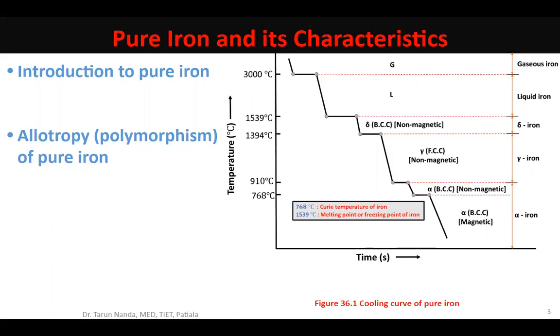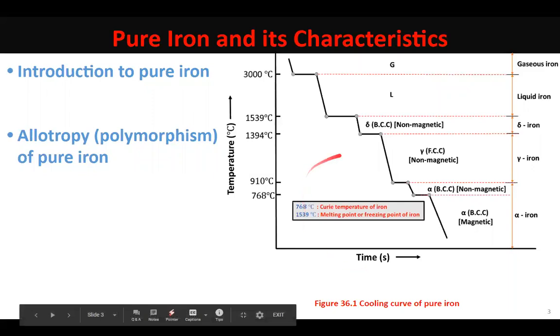Allotropy is defined as the ability of a material system to exist in more than one crystalline form depending upon the external conditions of temperature or pressure or both. And iron is amongst those metals which are capable of showing this phenomenon. So let's look at this cooling curve of pure iron.